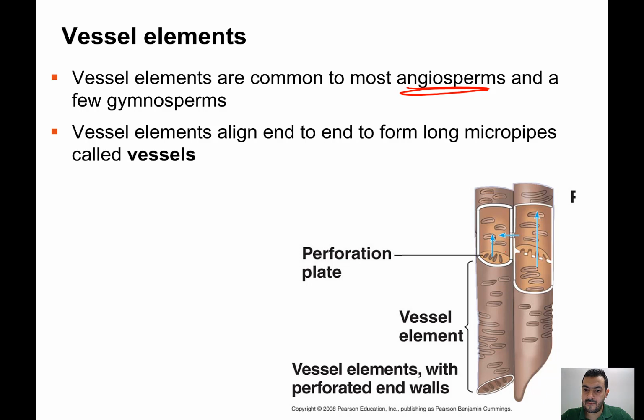They have perforations allowing one tube to connect to the next one, and by doing that they form long micropipes called vessels. That's why they are called vessel elements. It is more or less similar to the structure of the phloem, with the exception that the phloem is composed of living cells, while the vessel elements are composed of dead cells at maturity.